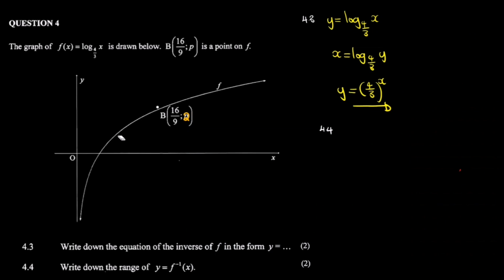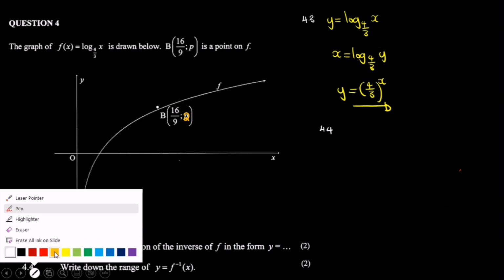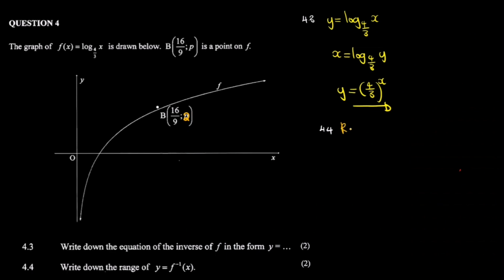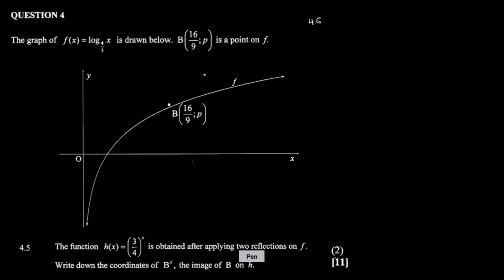We can see that the domain here is x greater than 0, remember, because we have this vertical asymptote. So the range of the inverse is the domain of the original function. So the range is y greater than 0.